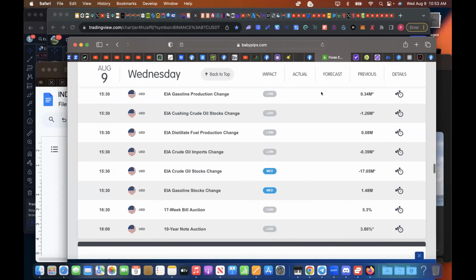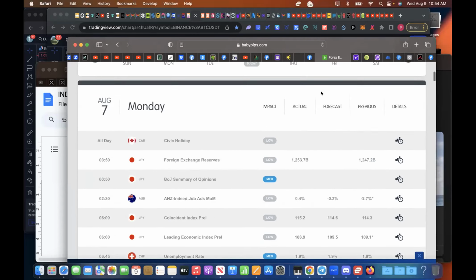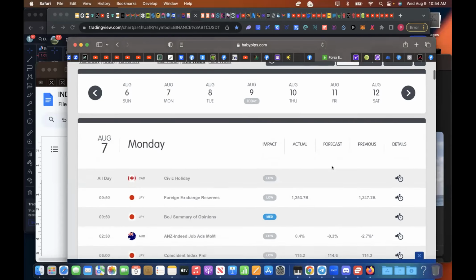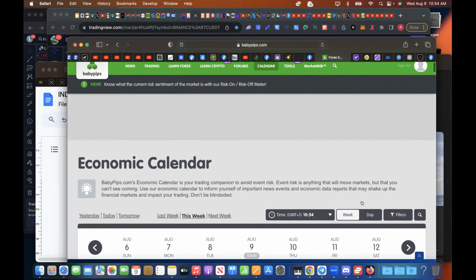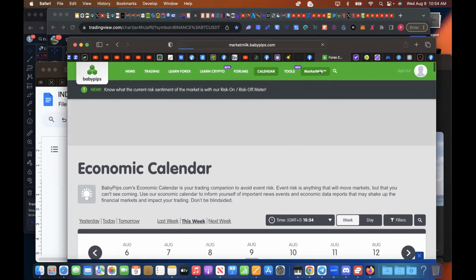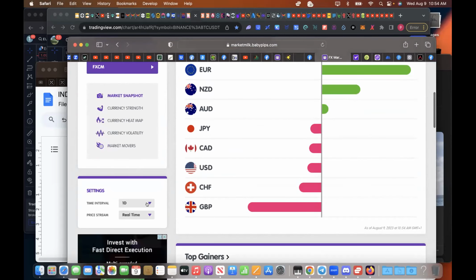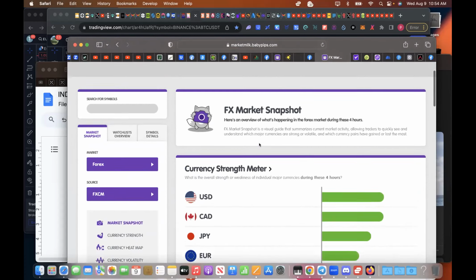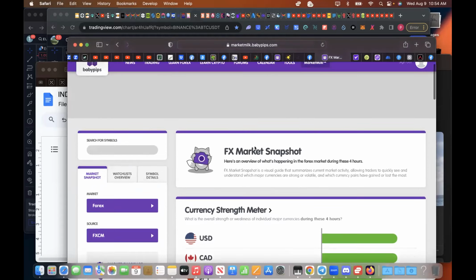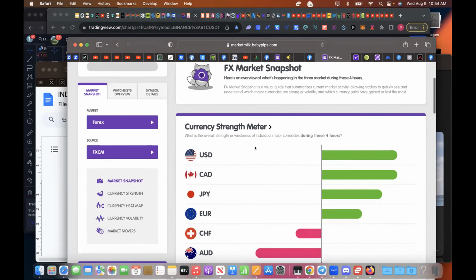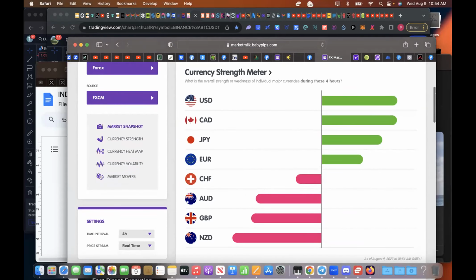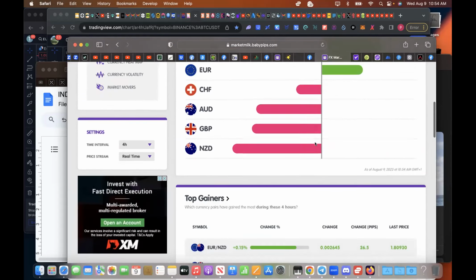Let's look at the sentiment of GBP USD. Let's quickly look at it. So Euro USD, what are you trying to prove? Let's look at the 4 hours time frame. Okay, USD, CAD, JPY, euros.